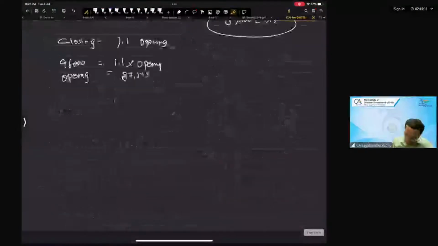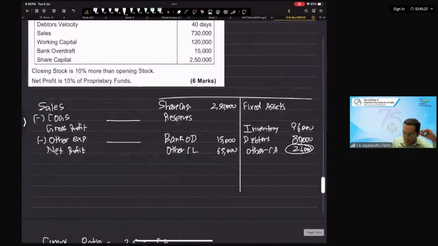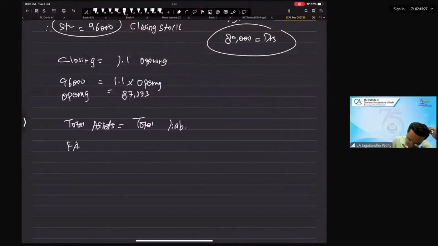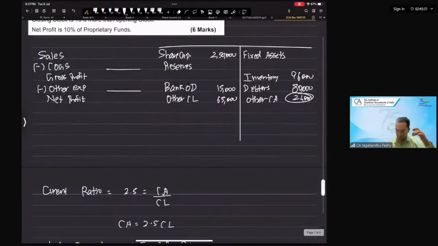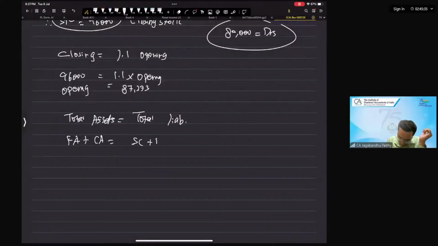So we say total assets should be equal to total liabilities. Total assets is fixed asset plus current assets, and total liabilities is going to be share capital plus reserves plus current liability.